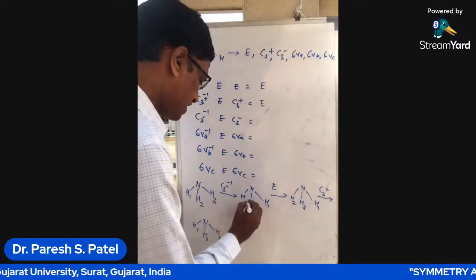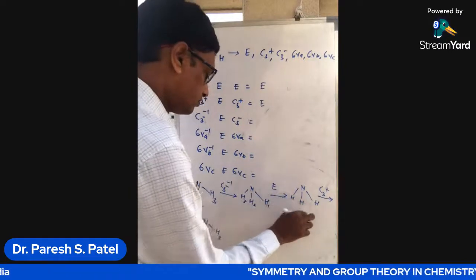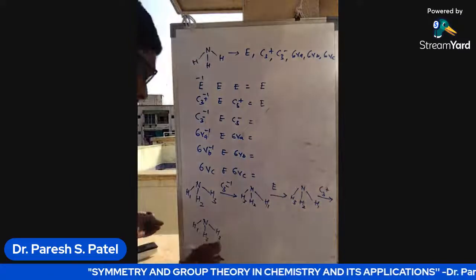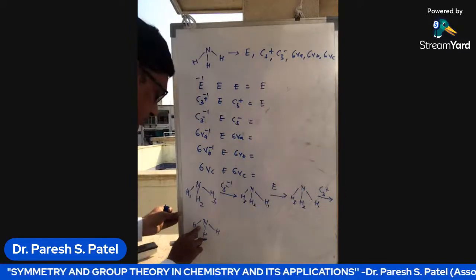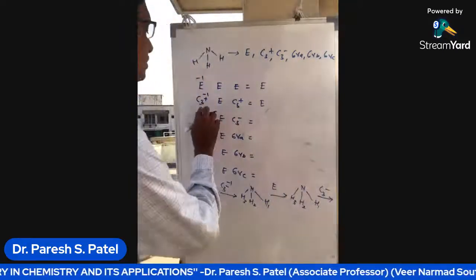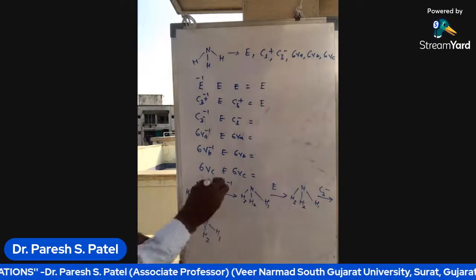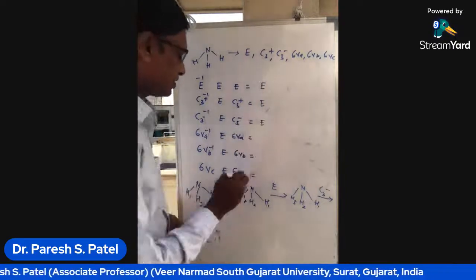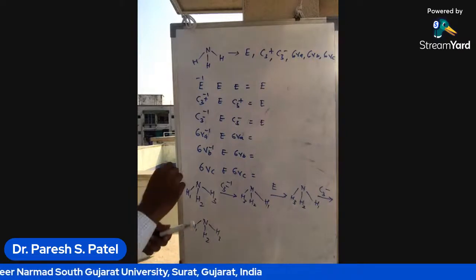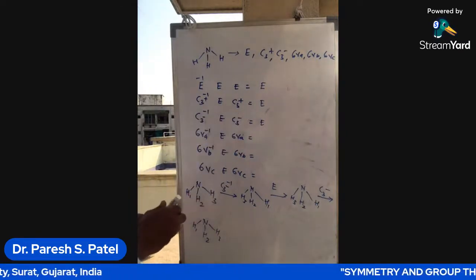So 1, 2, and 3, then identity. Again C3 minus, so what will happen? 1, 2, and 3. So again identity. So in case of the ammonia molecule, if we operate C3 minus inverse E C3 minus, it is equal to E.